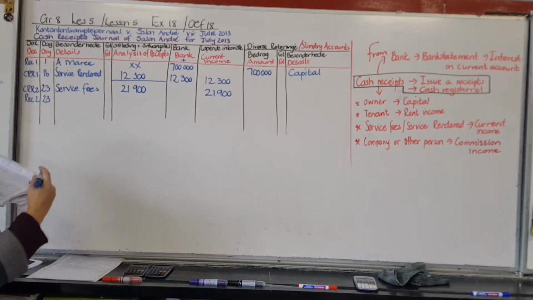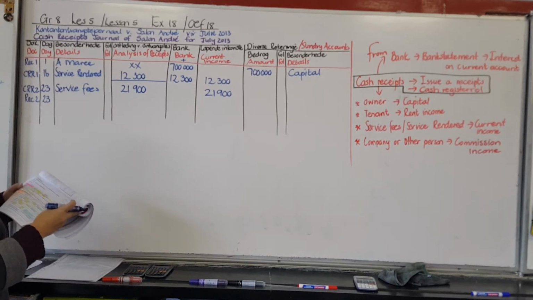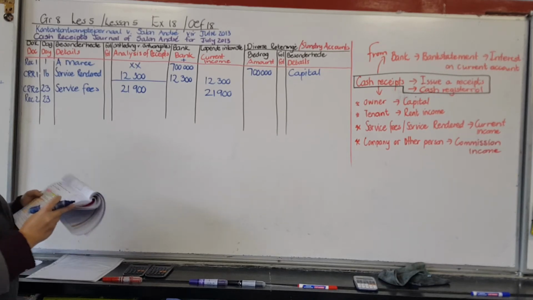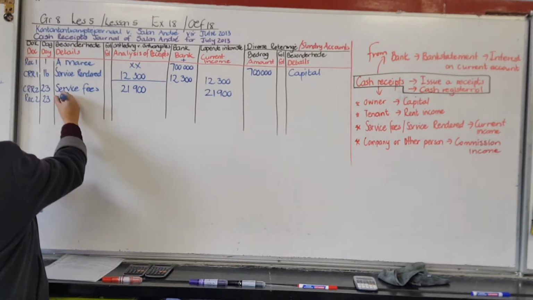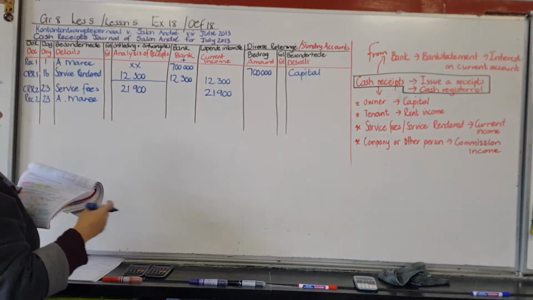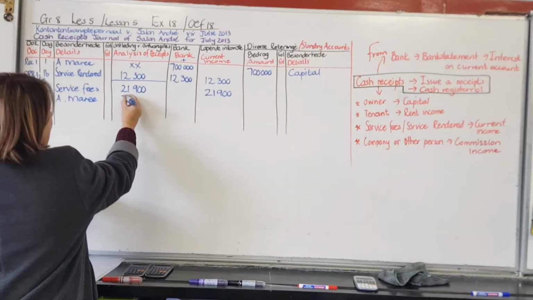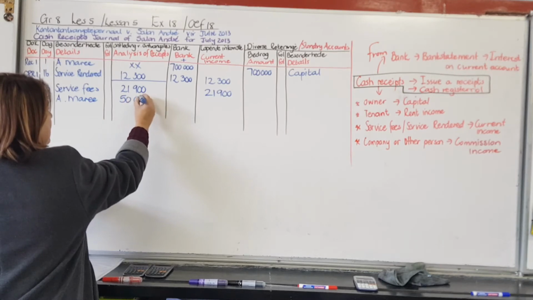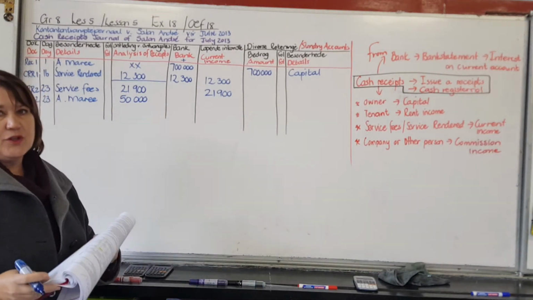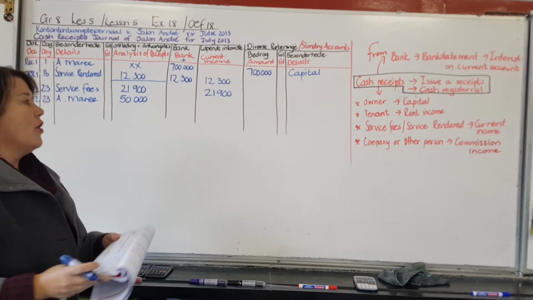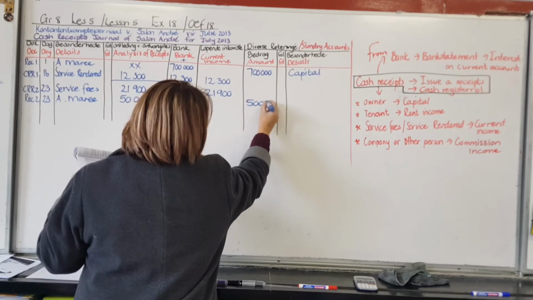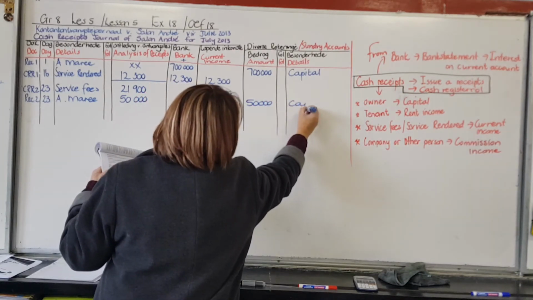You don't have to write 23 again because you've already written that. But if you wanted to see that it was on the same day, you're welcome. A. Maria, because the owner gave extra capital. But what was the difference? He handed the check over to the bookkeeper. He didn't pay that money directly into the bank account. Alright? So in my sundry accounts, 50,000 and again capital.